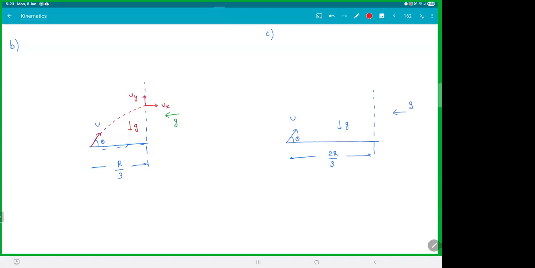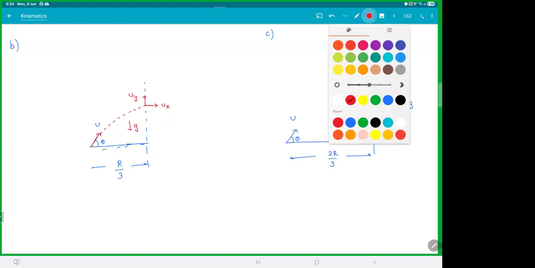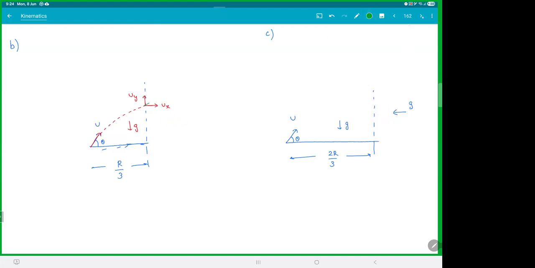Now just turn the page 90 degrees. If you turn the page 90 degrees, how will this look? It will look like this is your velocity v, and this is your gravity g, isn't it? So this itself will go on another parabola like this. This will actually be a full parabola there, and it will come out here with a speed v again.